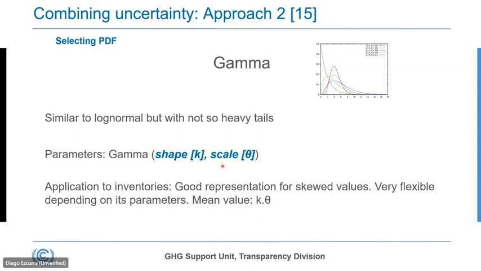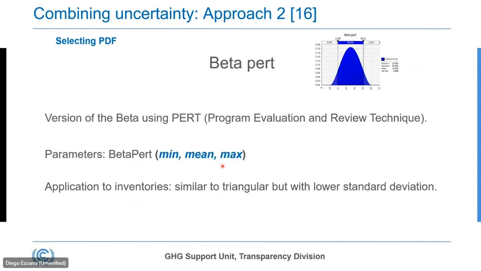So it's very flexible in that sense. The beta PERT is another very flexible probability density function that you may use for cases that do not fully match a normal or a log normal.